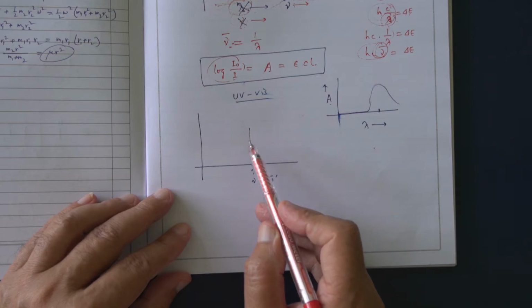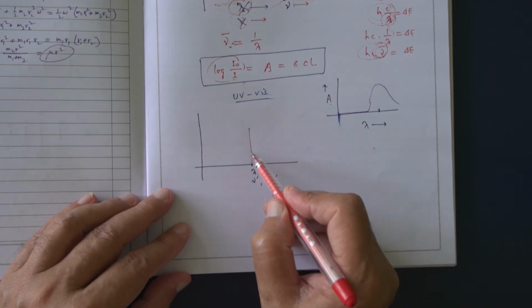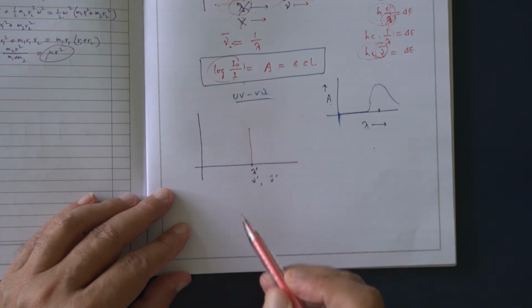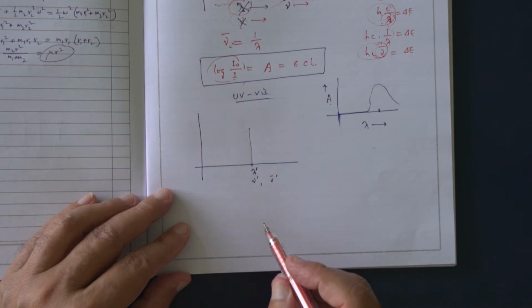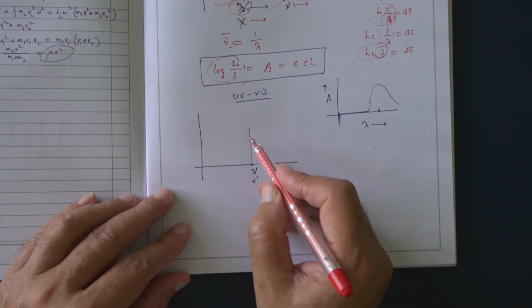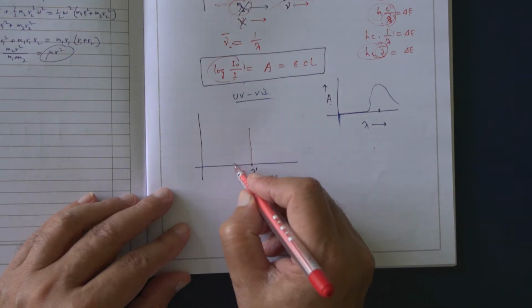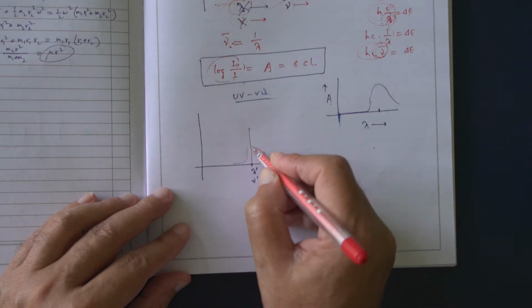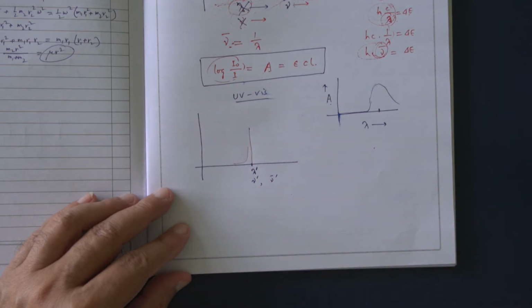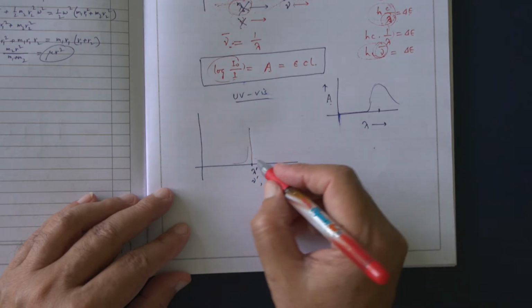But practically we do not get a line like this. What we get is a spectrum like this.